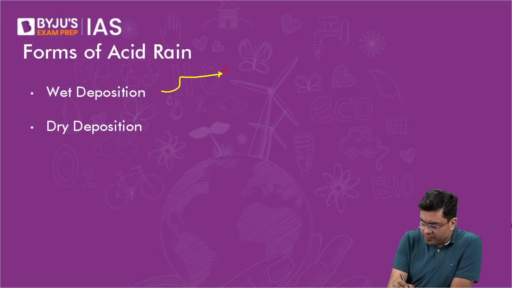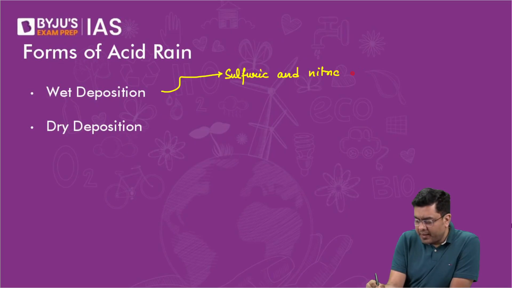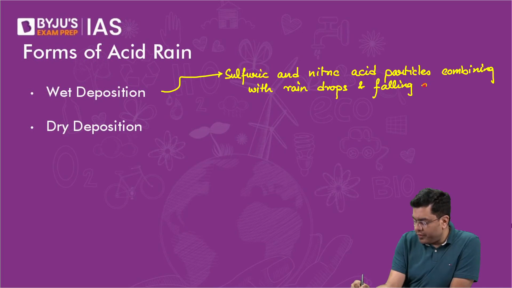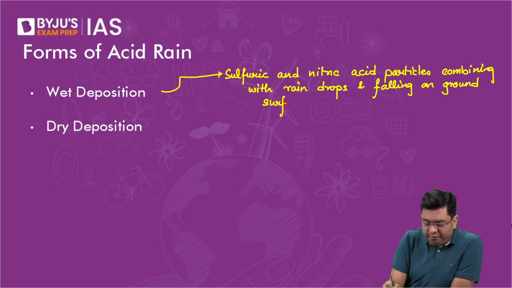So here, you have sulfuric and nitric acid particles combining with raindrops and falling on the ground surface. Okay, that is wet deposition.